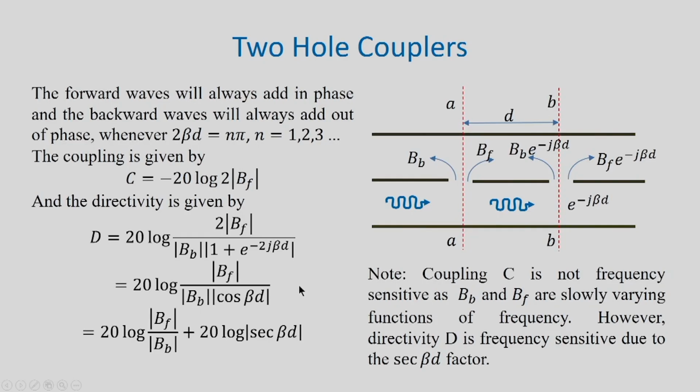So, we can see that if we want to design a two hole coupler, we need to know these two parameters, the coupling coefficients B_f and B_b, and once we have these values, we can design a directional coupler of the specified coupling and directivity.